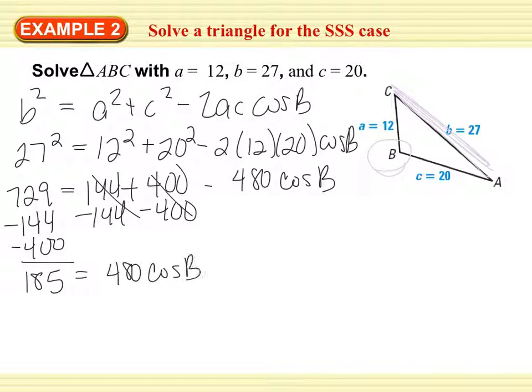480 cosine B. I just noticed a mistake. Negative 480 cosine B. So I'm going to divide by negative 480.